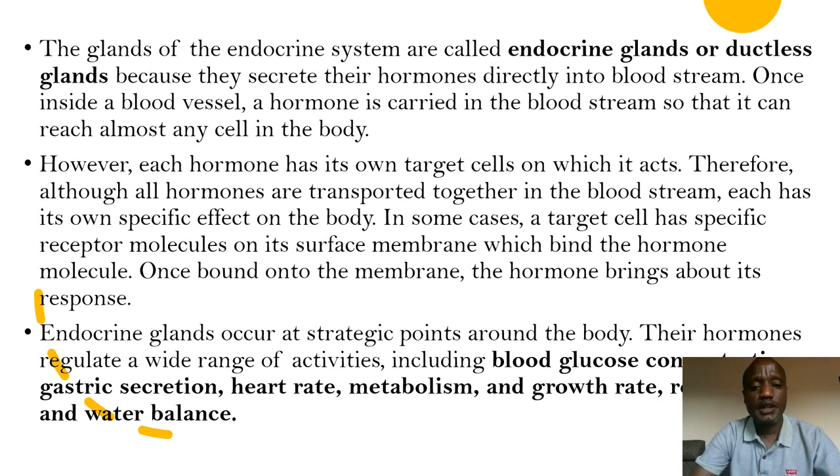So basically, they are like enzymes. In some cases, target cells have specific receptor molecules on their surface membrane which bind the hormone molecule. Once bound on the membrane, the hormone brings about its response. That is the endocrine system. Again, endocrine glands occur at strategic points around the body.